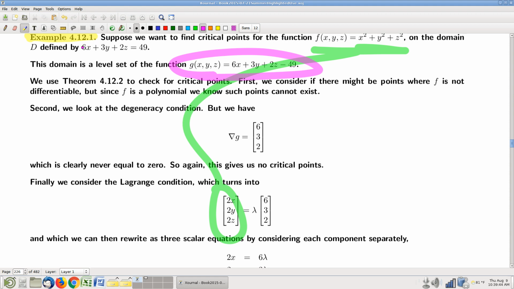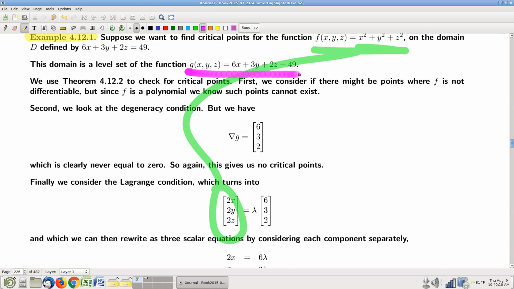I could have just used this as my constraint function because 49 is a constant. That does give you a level set. The arguments all work just fine. Just as a matter of superstition, I tend to like to subtract it over so I always have something equals 0. You don't have to do that. It doesn't matter. If it makes you feel better, you can. It's not going to make any difference at all.